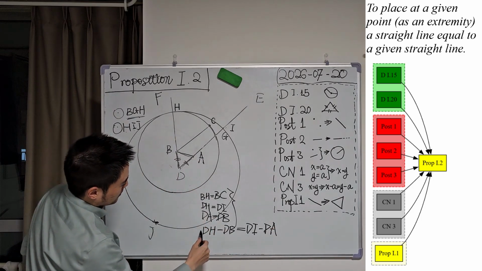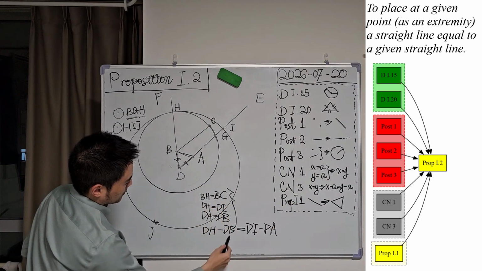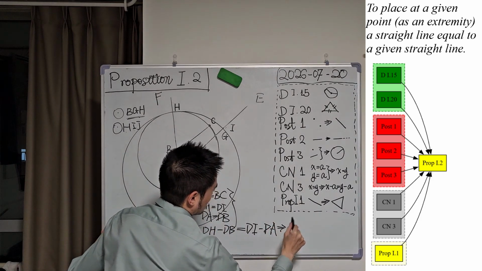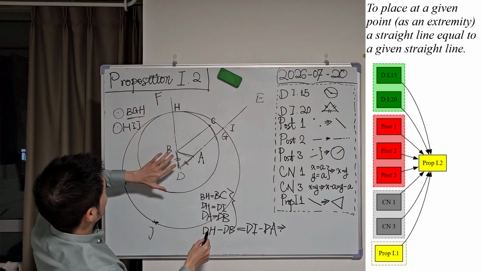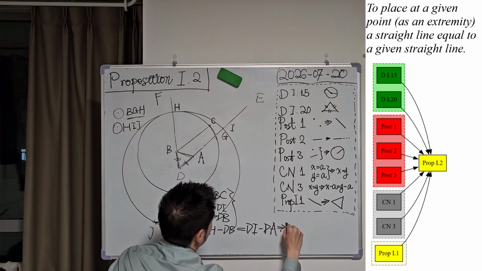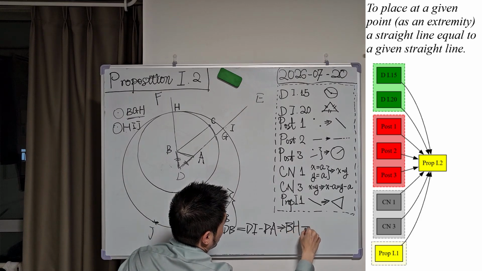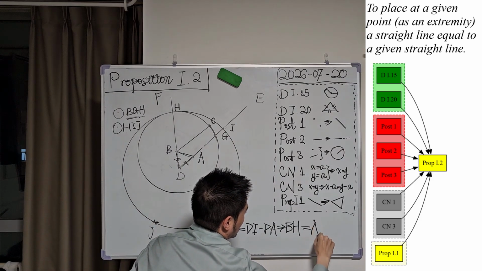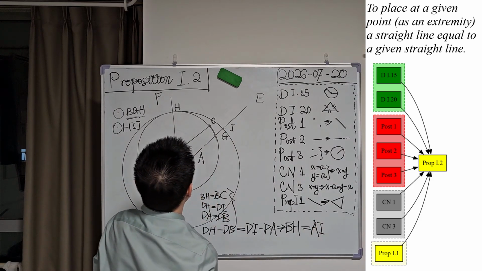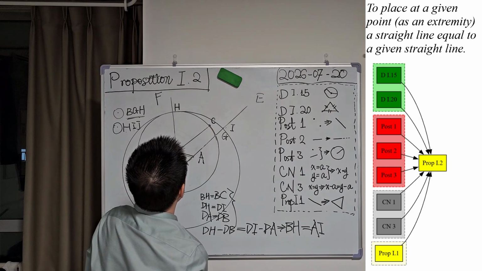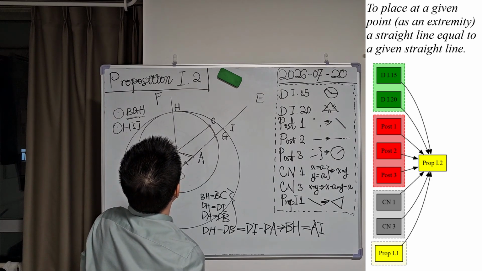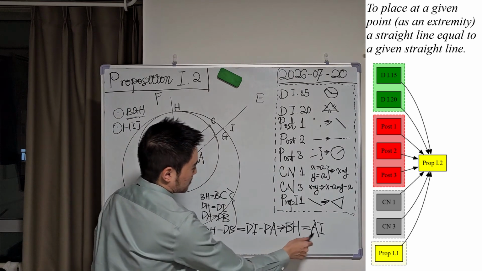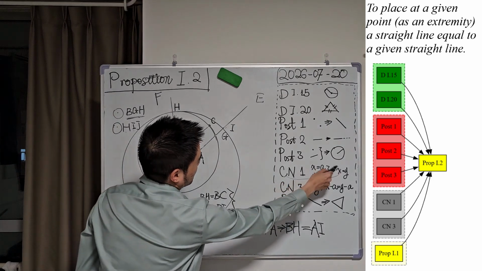Why? Because DH and DI are equal and DB and DA are equal, okay? Which means DH minus DB, that is BH, is equal to DI minus DA, that is AI.